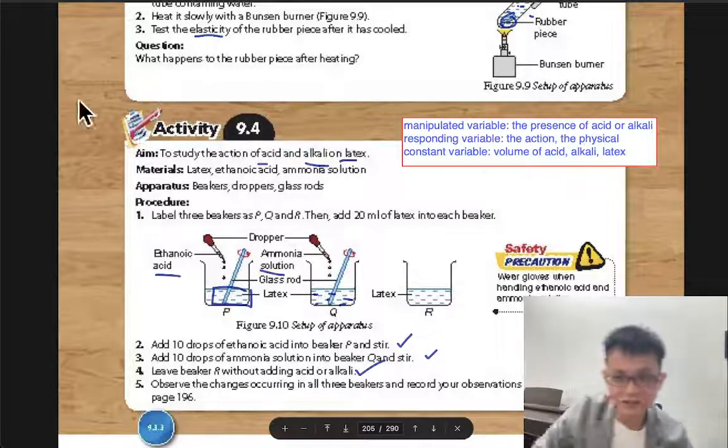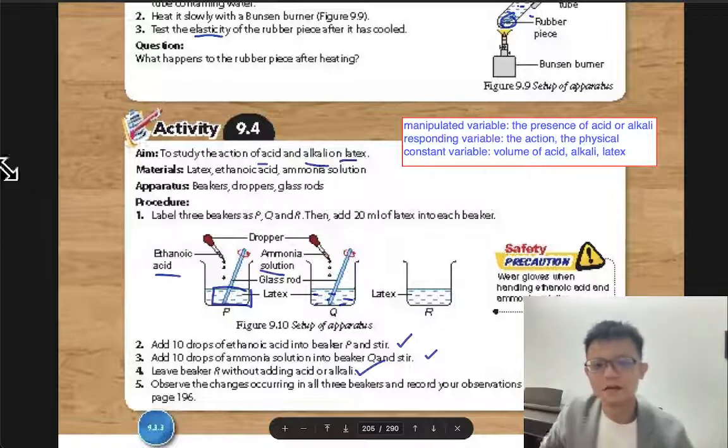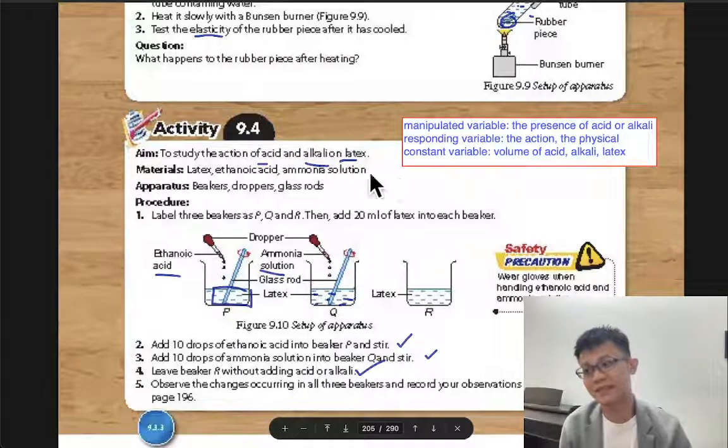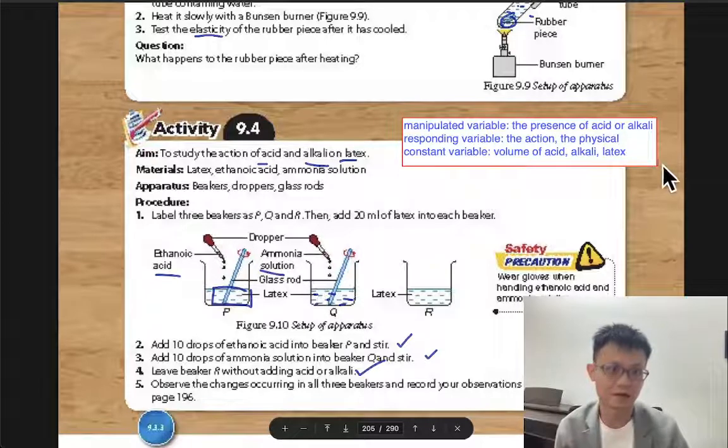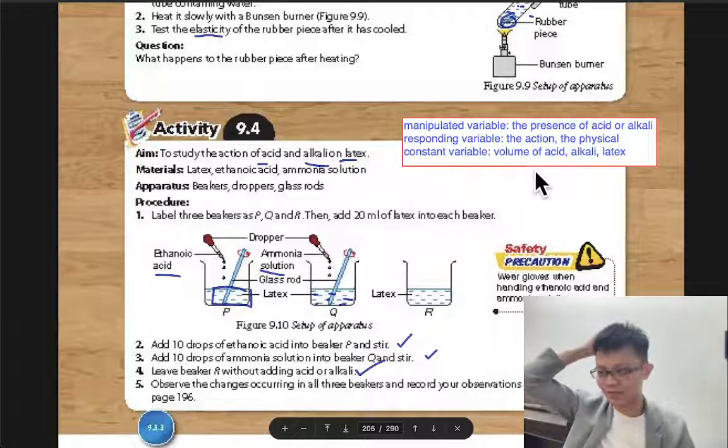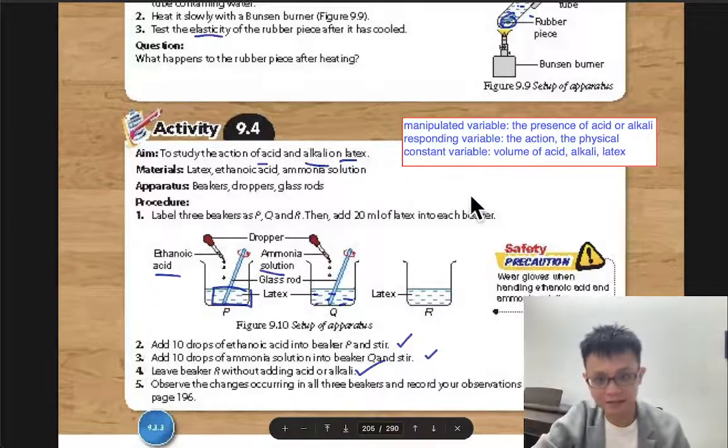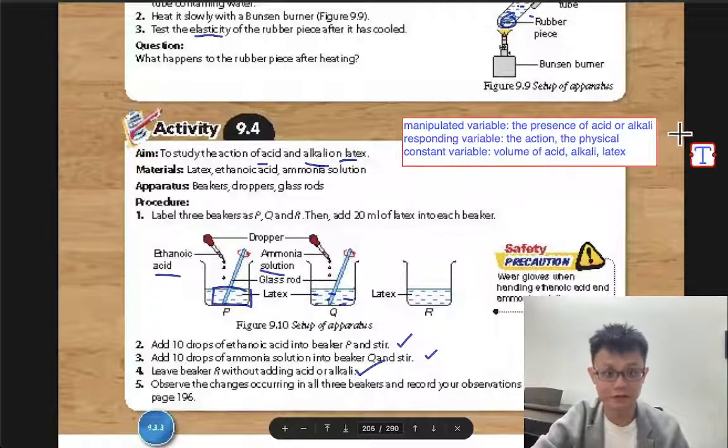So congratulations to those that got the answer. Of course, since this is an experiment, there might be a few answers. So you can maybe write in the comments, because there will be a few answers. But this is my answer, and some of my students' answers. The manipulated variable is the thing that you want to change, which will be the presence of acid or alkaline.